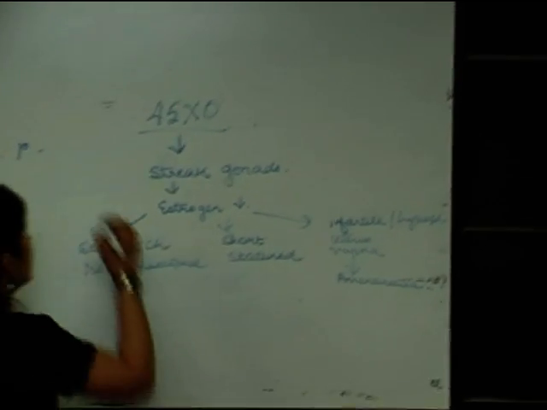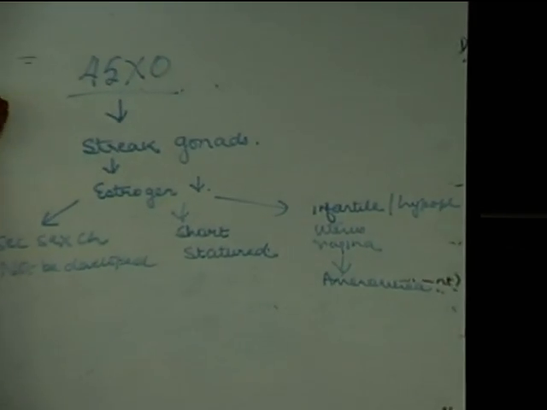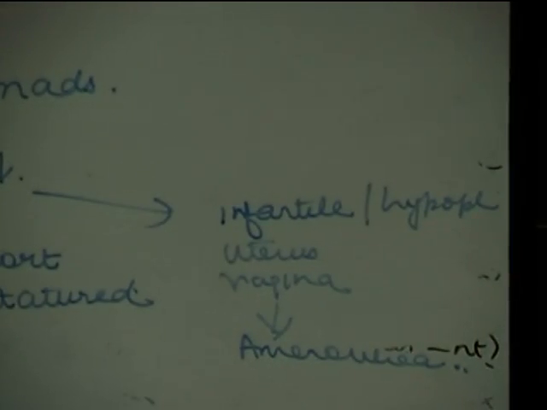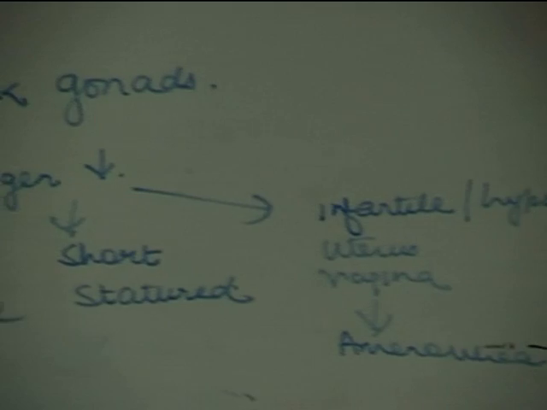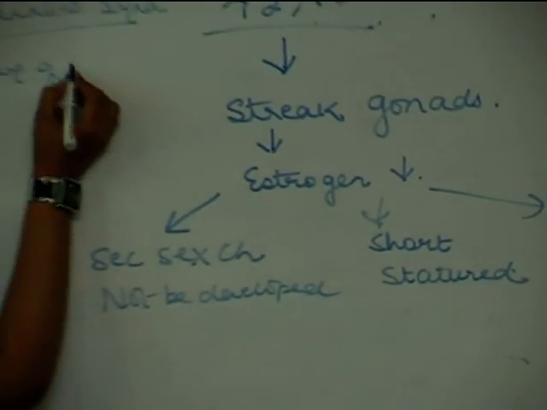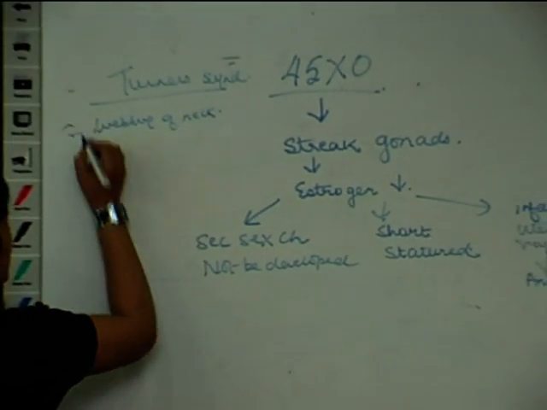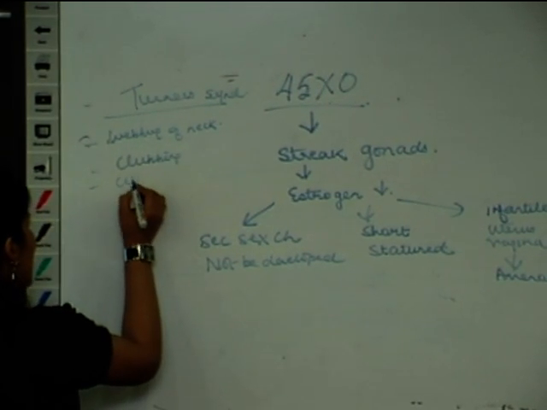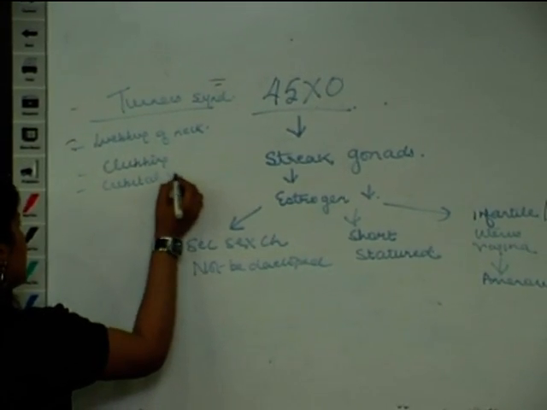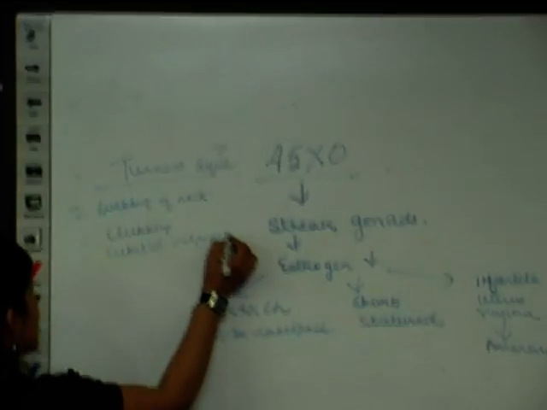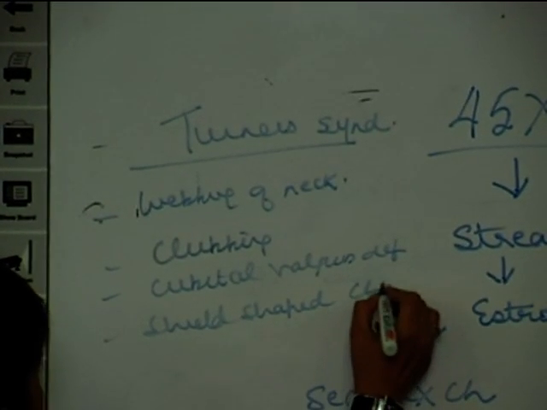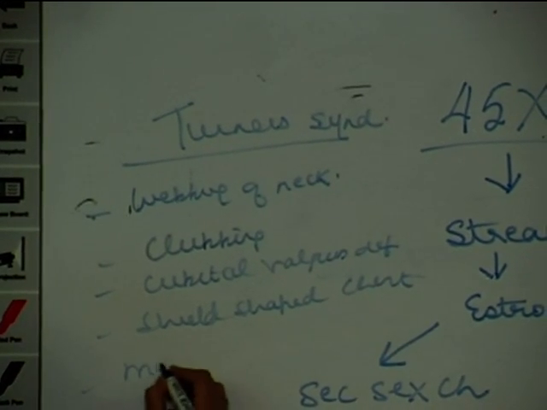Besides this, you know that in Turner syndrome many other physical characteristics are seen. Like webbing of neck, cubitus valgus deformity, shield-shaped chest, Madelung deformity.